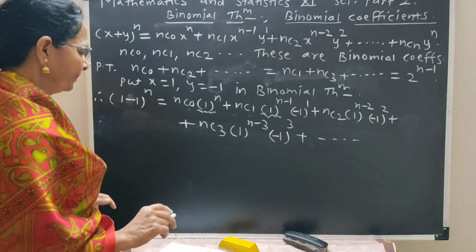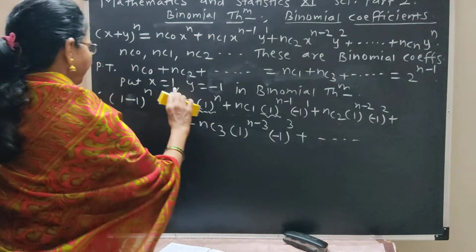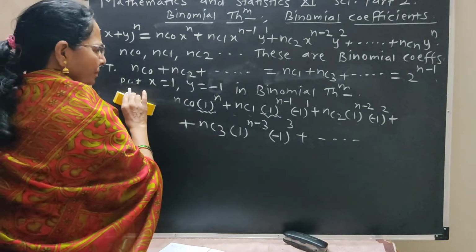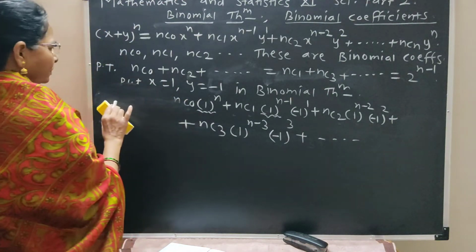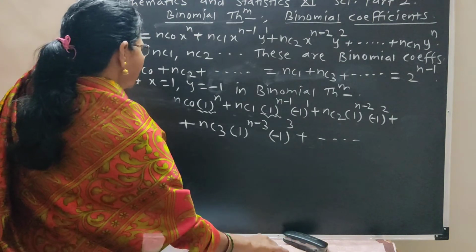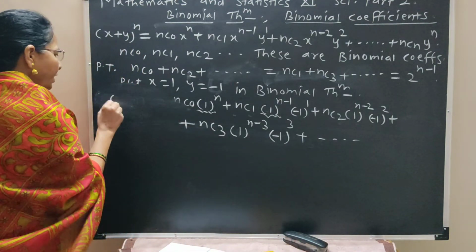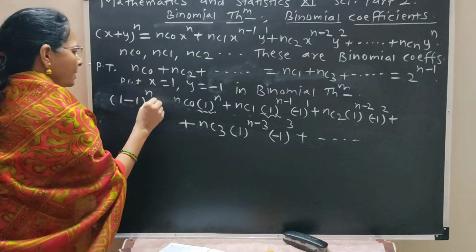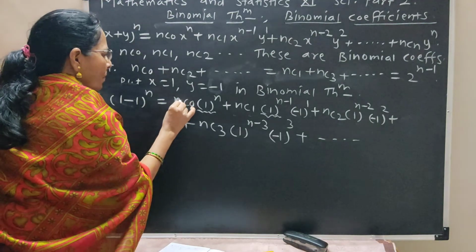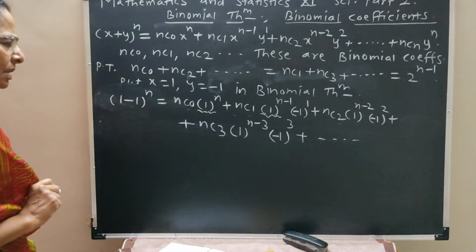Now therefore, here 1 minus 1 raised to n is equal to nC0 and all these terms.